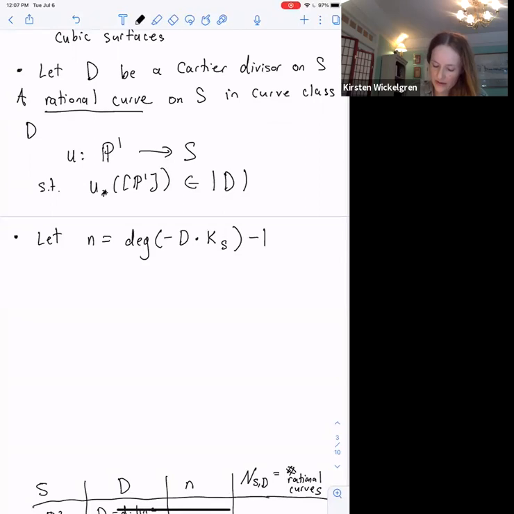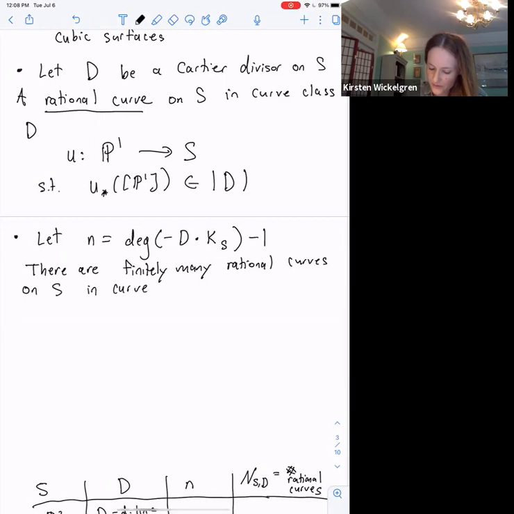And then we expect that there are finitely many rational curves on S in curve class D through n minus 1 general points.